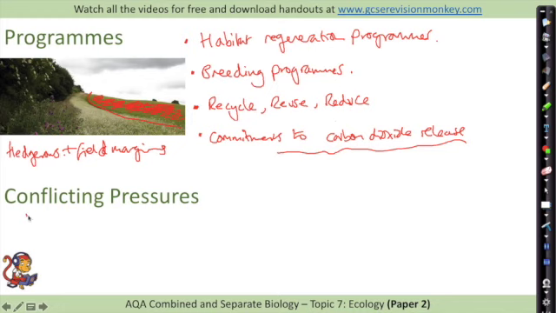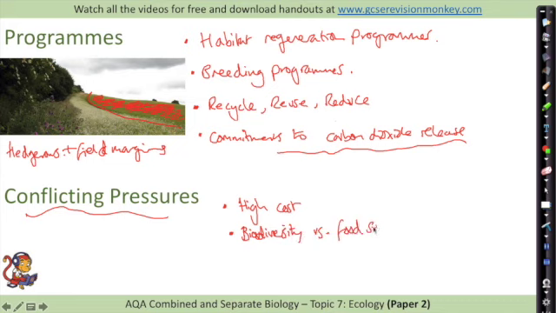However, there are conflicting pressures with all of these programs that you might have to evaluate in the exam. So things such as the cost. A lot of these programs have a high cost. There is also a very close debate between the importance of biodiversity versus food security.